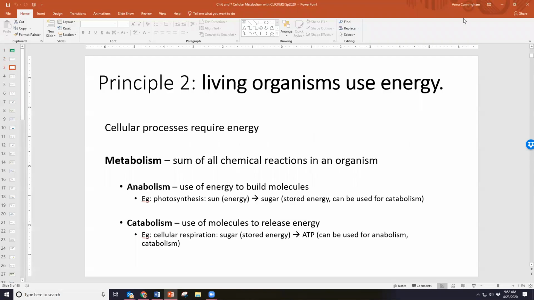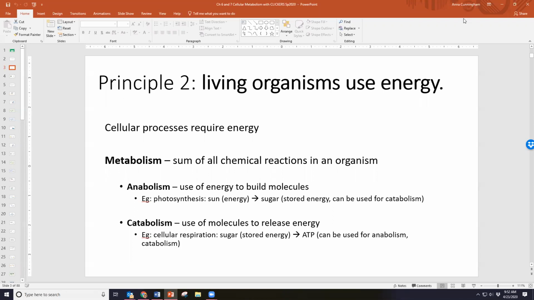All right, so why does this matter? Well, we're talking about all living organisms in this class, the basis of all living organisms. And if you remember thinking back to our very first week of classes, we talked about those principles of life. And one of those principles of life was principle 2, which states that all living organisms use energy. All living organisms use energy.